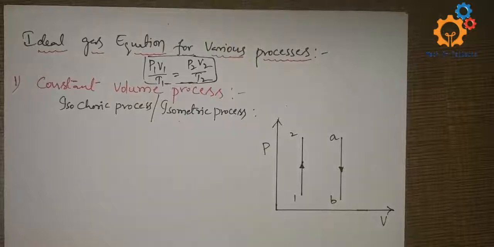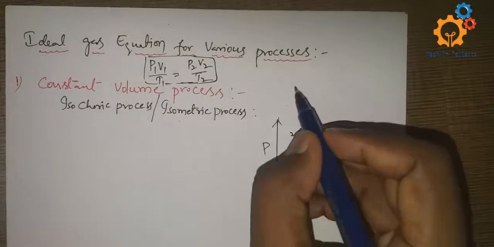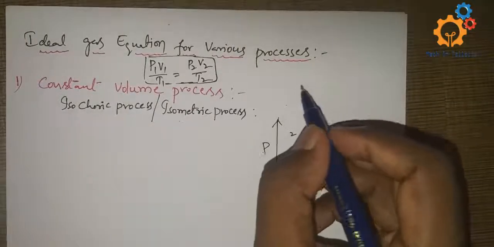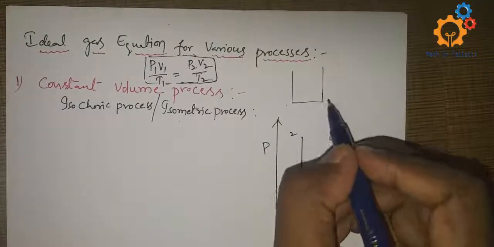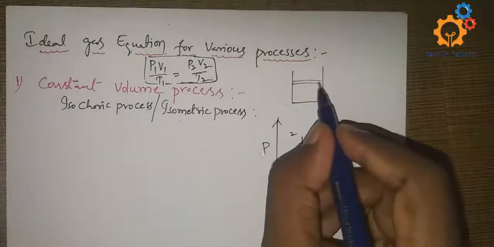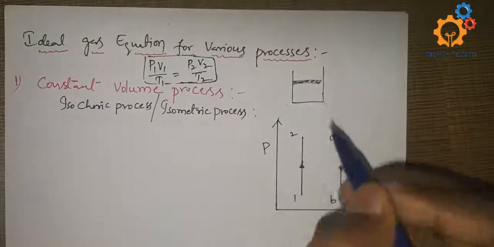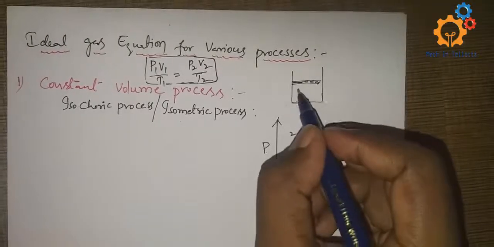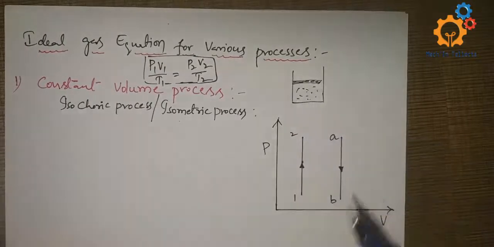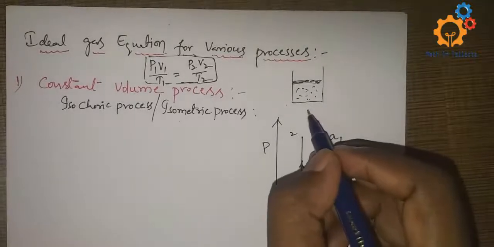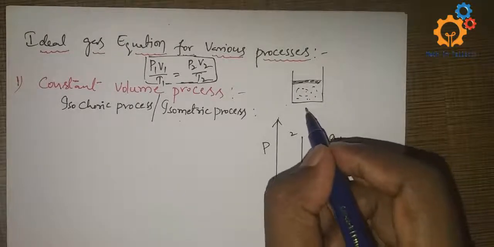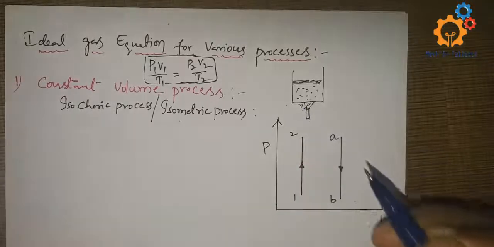Let us understand with the help of a system. Suppose there is a piston cylinder arrangement, there is gas inside, and I am supplying some heat with the help of a burner.